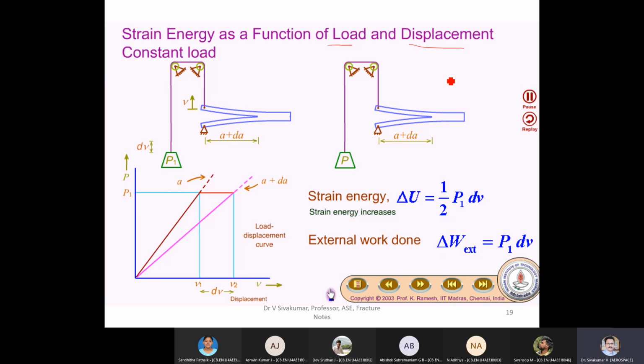One is the constant load approach, another one is constant displacement. In both cases, when the crack advances, we are going to estimate the strain energy.